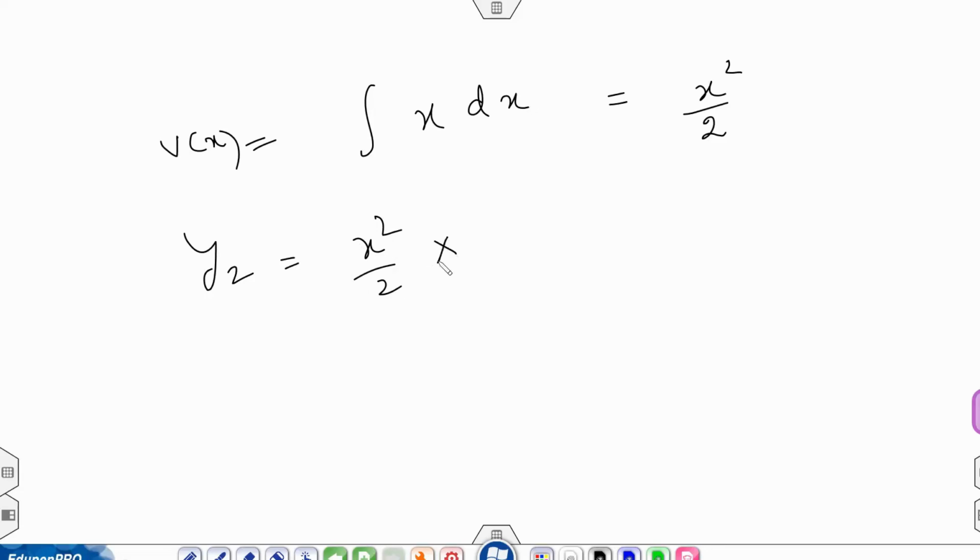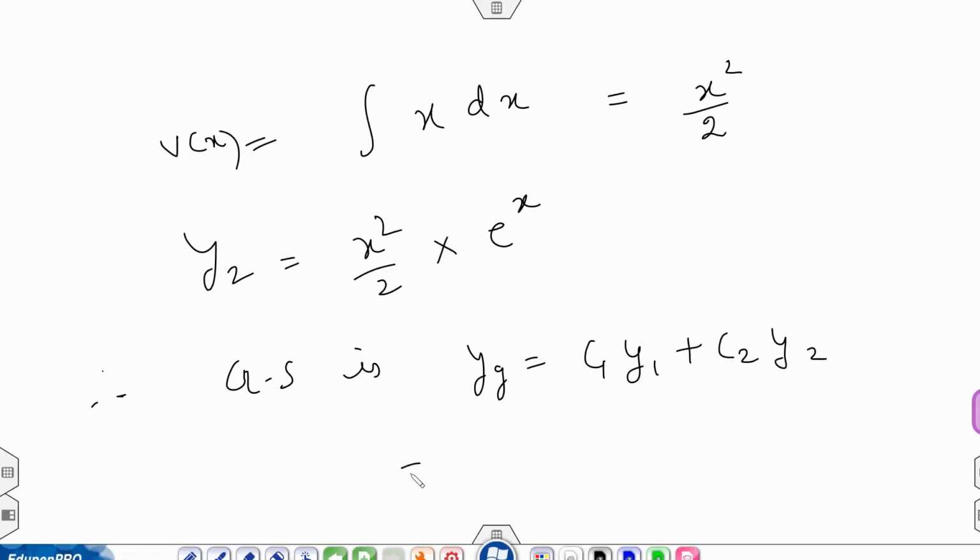Again we have to integrate this. So finally you will see that you are getting this simple expression, and this is my v(x), so y2 will be x square by 2 into e to the power x. Therefore, what will be the general solution? y_g is c1 y1 plus c2 y2.